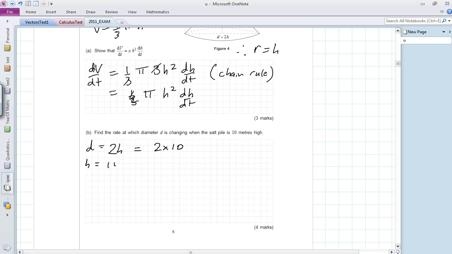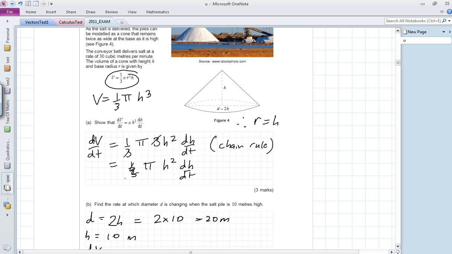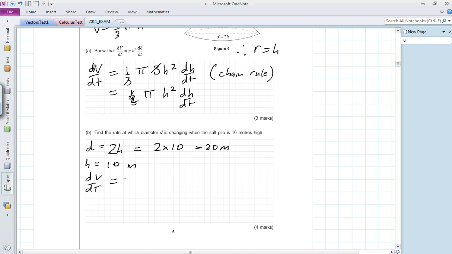Height we know is 10 meters. And we also know that dV/dt is always set at 30 cubic meters per minute.